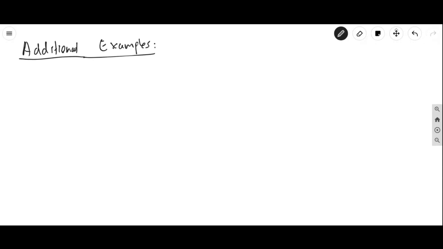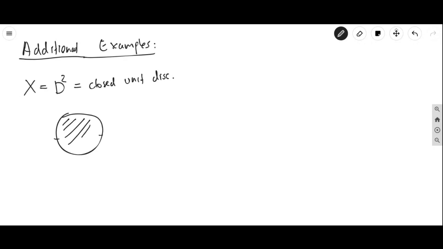So in this example, let's say X is D2. This is the closed unit disk. The 2 means it's two-dimensional. So this is a closed unit disk X, a two-dimensional disk sitting inside R2.